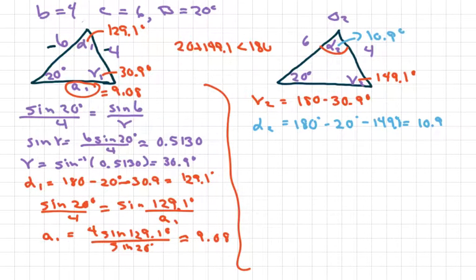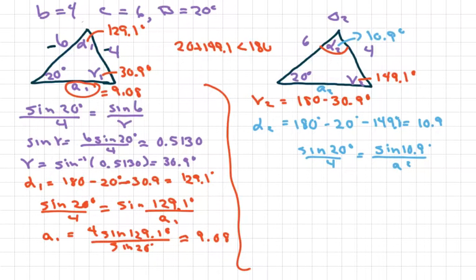And now we just have to find my A2. So your A2 is just going to be sine of 20 over 4 equals sine of 10.9 over A2.